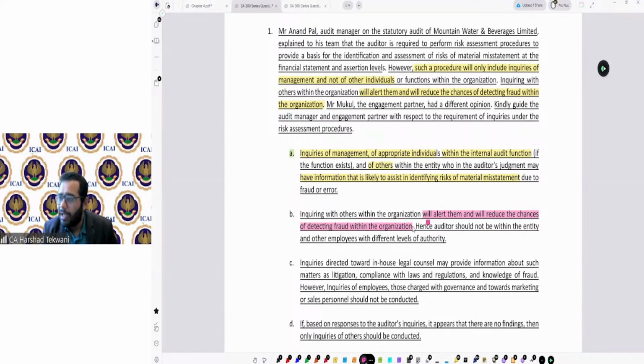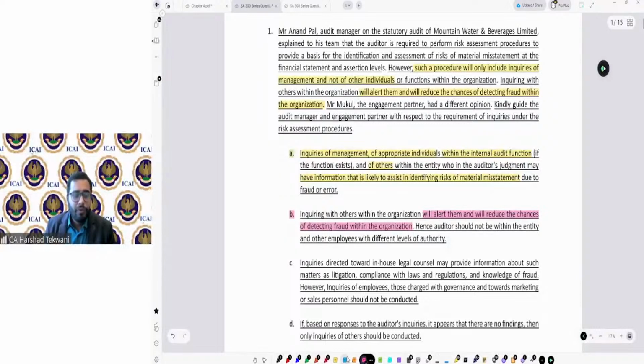In case of forensic accounting, in case of a fraud investigation assignment, there is a surprise element. But in case of a statutory audit, there is no surprise element as such. At the time of planning, everyone knows that this is the statutory auditor and he or she is going to perform the audit. So this is not true, and that's why I mark it as not true.